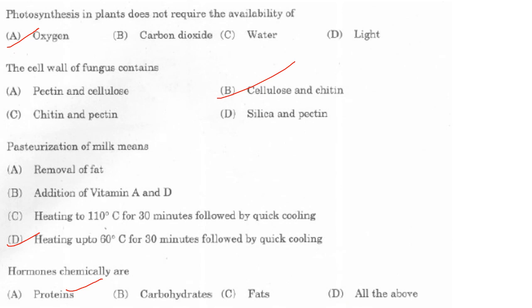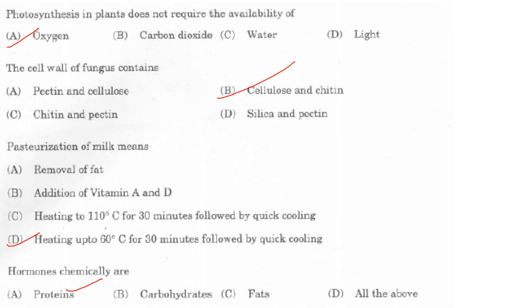Then next question. Photosynthesis in plant does not require the availability of oxygen because oxygen is not essential for the process of photosynthesis, it is released in the process of photosynthesis when plants utilize the raw materials that is carbon dioxide and water to produce sugars.